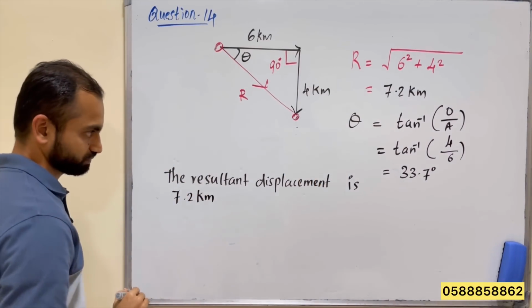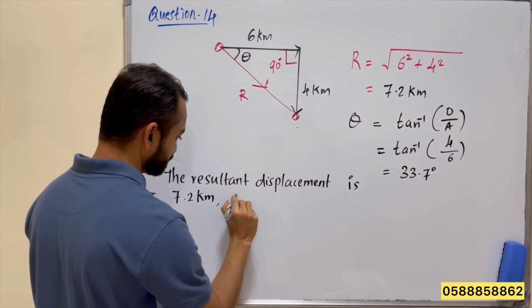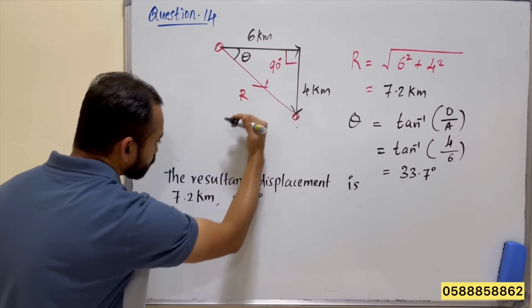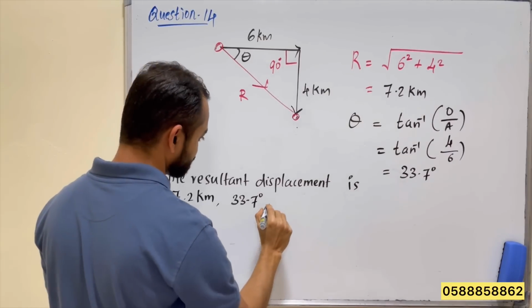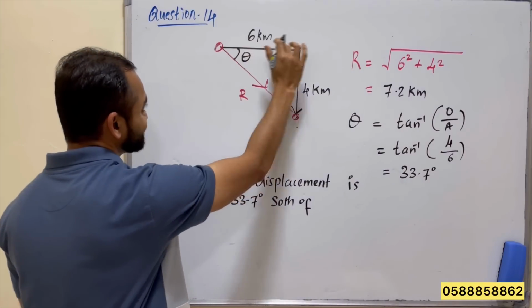In which direction? 7.2 kilometer, 33.7 degree south of east, right?